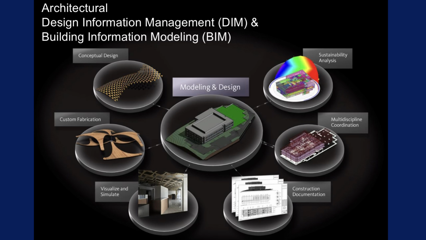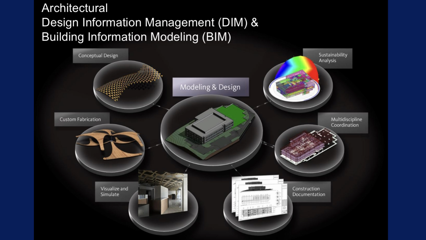So the idea of building information modeling is you have only one file. You can also combine, and you can also divide the project in parts. So you can do all of this using BIM. You can do sustainability analysis, multidiscipline coordination, construction documentation, visualization and simulation, custom fabrication, conceptual design, and all of these details you can get in one single model.